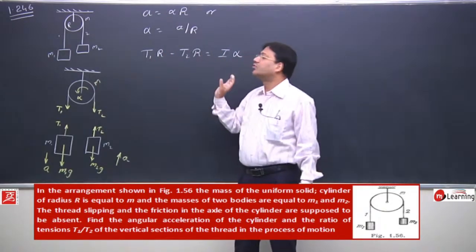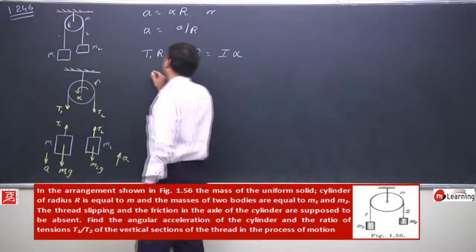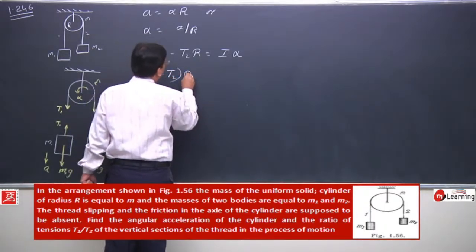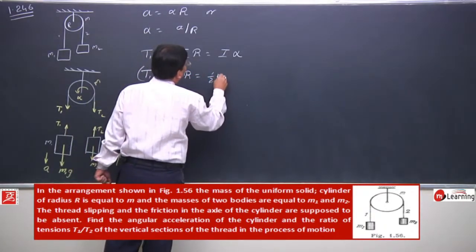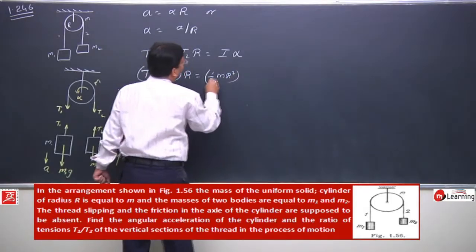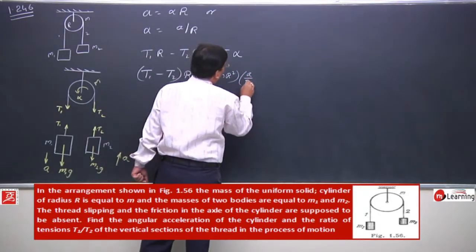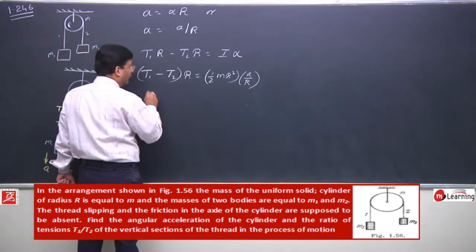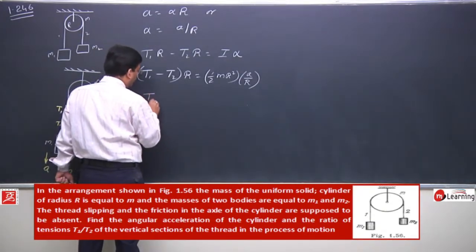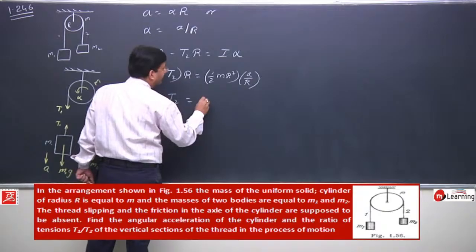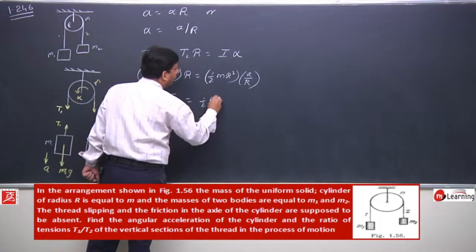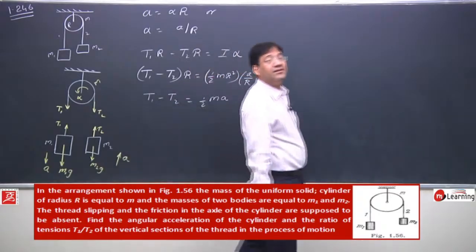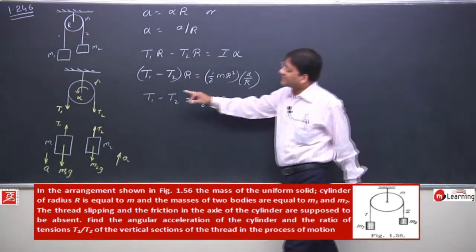Decelerating torque due to T2 is T2r. So (T1 minus T2) into r equals I, half m r square, and for alpha a by r. And this equation would reduce to T1 minus T2 is equal to half ma. This is for the cylinder.